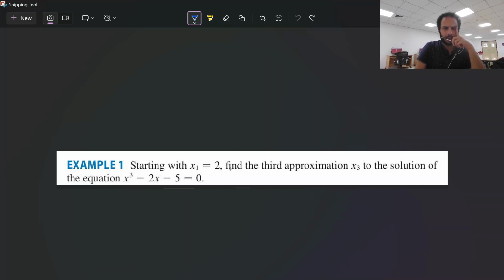And before the formula, write the function f of x equals x cubed. Then what's the derivative here? It's not just x cubed. We have also minus 2x minus 5. So f of x equals x cubed minus 2x minus 5. Then what's the derivative? F prime of x equals 3x squared minus 2, right?